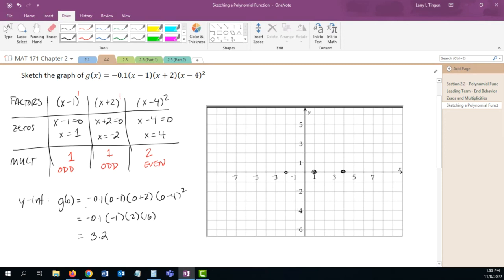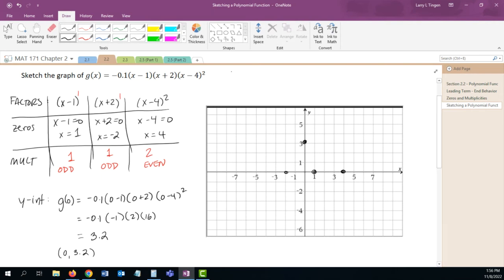So I'm looking at a y-intercept of 3.2. So 0, 3.2. I should be here. So I've got my zeros graphed. I know the multiplicity. The only thing left to figure out is the end behavior.